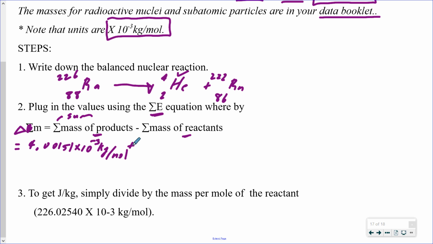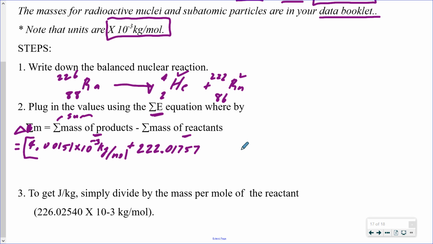I'm going to take the sum of the products, so I'll add them together and put them in square brackets to keep them together. Now I'm looking at the radon. Go to your data booklet, and you'll find that the number for this one is 222.01757. Make sure you get all these digits in.